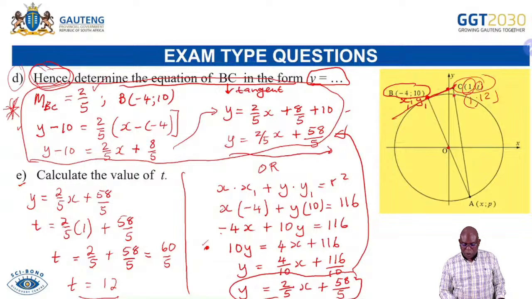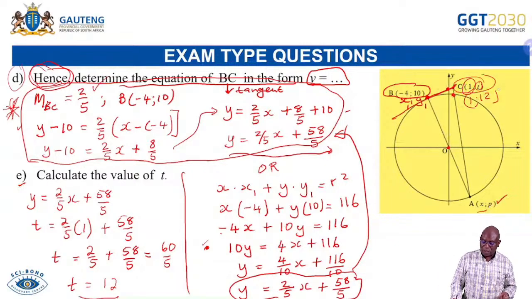If this point was on the circle, then I'll use the equation of the circle to get the value of y. But in this case, it is not on the circle. I don't need to write it. So this one we got, the equation of the tangent we got, and these are the type of questions that we get in an exam.